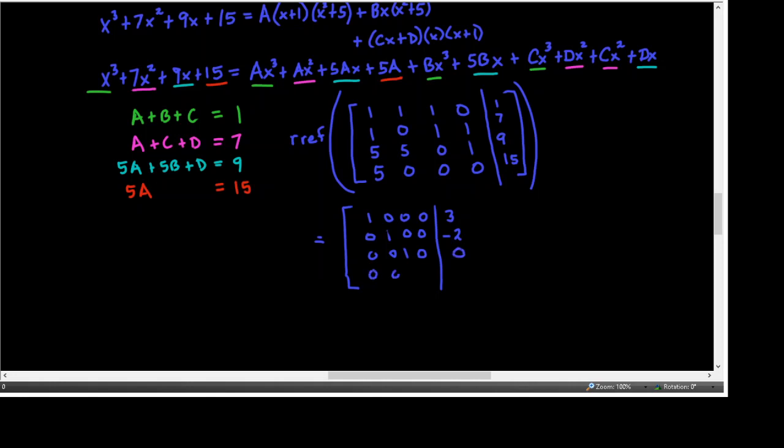And 0, 0, 0, 1, 4. And then we need to interpret what that means to get that answer. That means that A is 3, B is negative 2, C is 0, and D is 4. Okay, so that is our lemma.